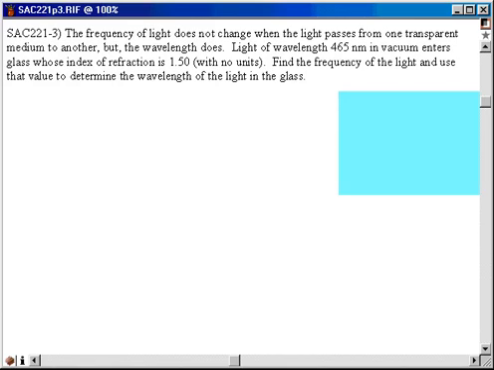SAC221 problem number 3 involves some light passing from one transparent medium to another. It starts out in vacuum, where the index of refraction is equal to 1, and it's got a certain wavelength, passes into a transparent medium of glass whose index of refraction is 1.50.